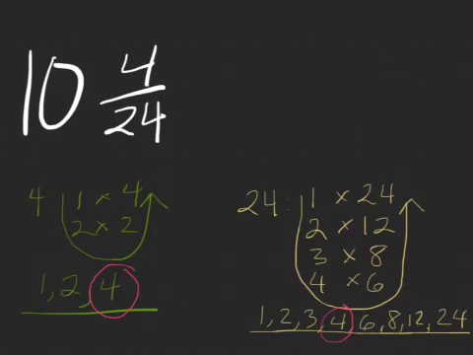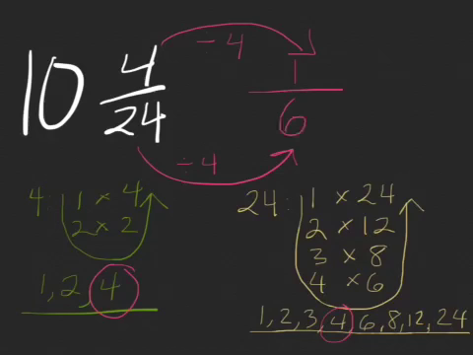So we could divide both the numerator and the denominator up here in our 4/24 by 4. 4 divided by 4 is 1. 24 divided by 4 is 6.